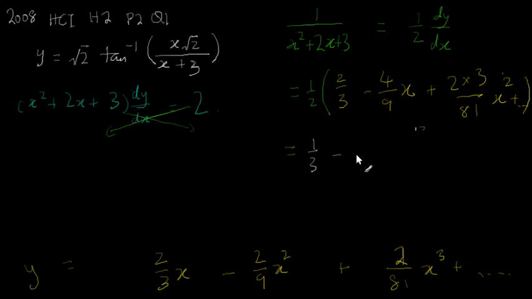Minus half times this gives 2/9 x, and let's do some cancelling here. Divide by 3, divide that by 3, 27, and the half and the 2 there cancel. So we get 1 over 27 x squared plus dot dot dot. And this is the answer to the last part.